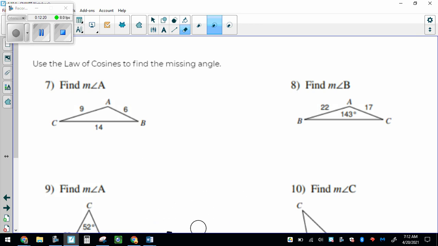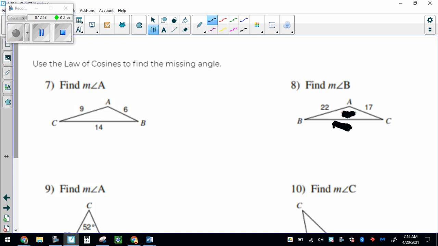All right, so again, start off by labeling your triangle. Across from big A is little a. Oops, I'm sorry. Before we get started, there is a typo here. That 143 degrees was actually supposed to be this side length. I'm sorry, I just checked my notes.